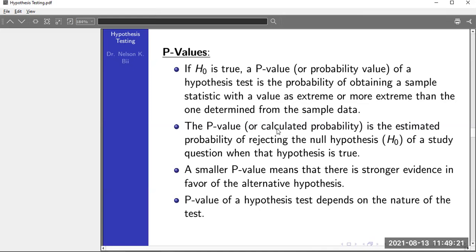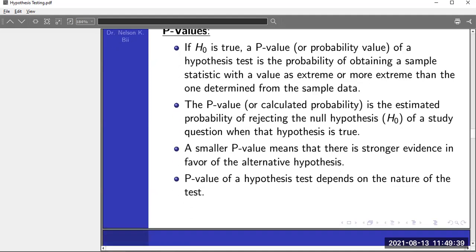The calculated probability, or p-value, is the estimated probability of rejecting the null hypothesis of a study question when the hypothesis is true. All these hypothesis tests are carried out assuming that the null hypothesis is true. We shall see how to get the p-values.